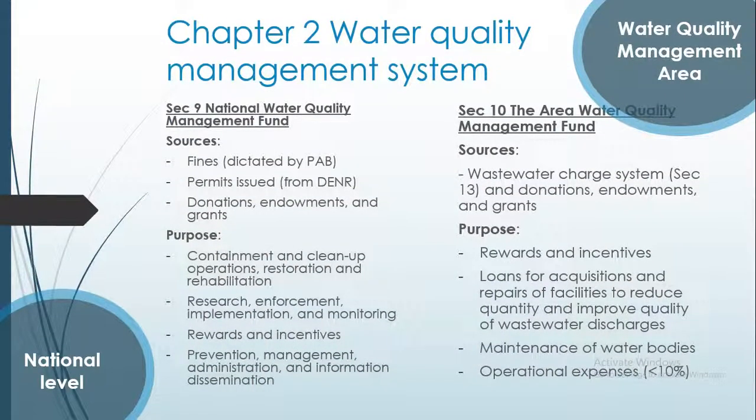How are these establishments supposed to perform such responsibility? For residential areas, including HUCs, the government has National Water Quality Management Fund. Also, each water quality management area has Area Water Quality Management Fund.